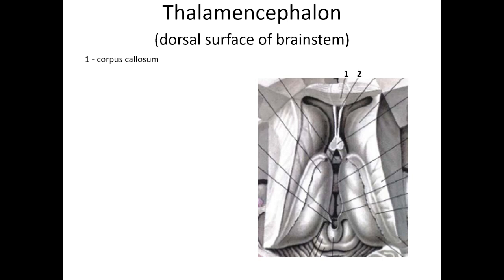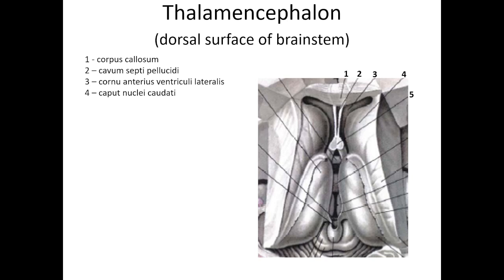What is number 2? Cavum septi pellucidi. So it's narrow cavity between two septum pellucidum, right and left. Number 3 is cornu anterius ventriculi lateralis. Number 4, caput nuclei caudati.